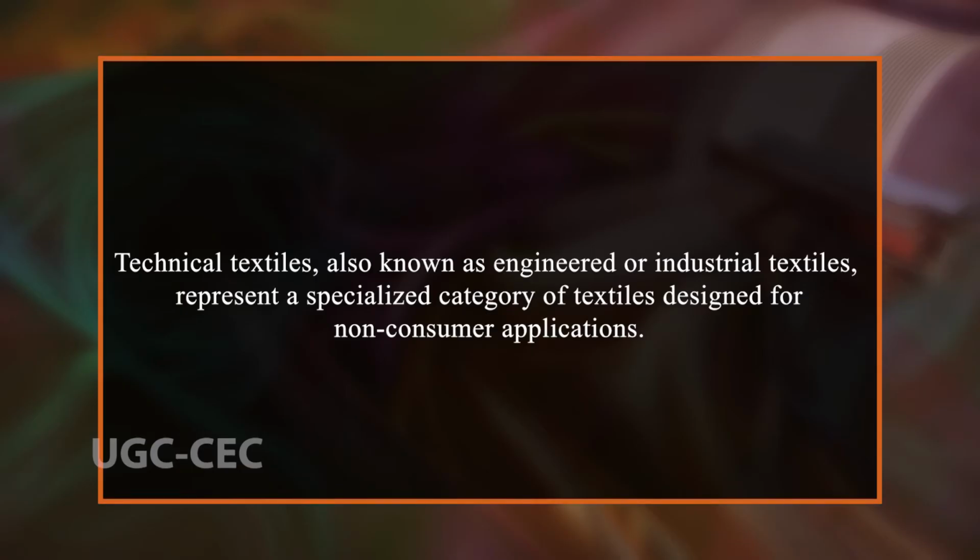On the other hand, technical textiles, also known as engineered or industrial textiles, represent a specialized category of textiles designed for non-consumer applications. These textiles are engineered for specific functionalities and performance characteristics beyond the traditional use of clothing and home furnishings.